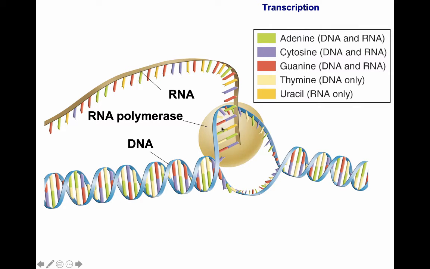So similarly to the process of DNA replication, you have to unzip that DNA so that the nucleotides are exposed, the bases of the nucleotides are exposed, and can be used as a template to build that RNA.